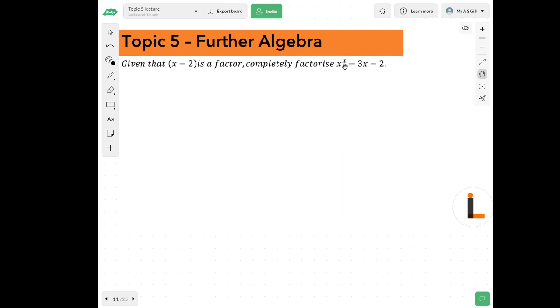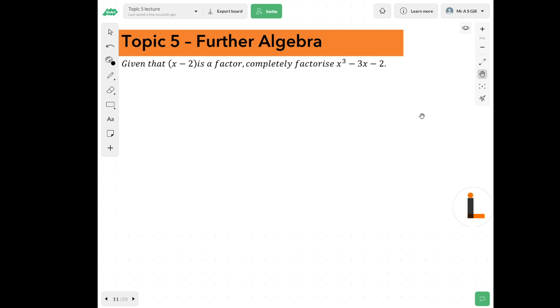So let's go on to the next question then. So again here we see, I'll give you a second to read that question first. So we can see there is no x squared term here.